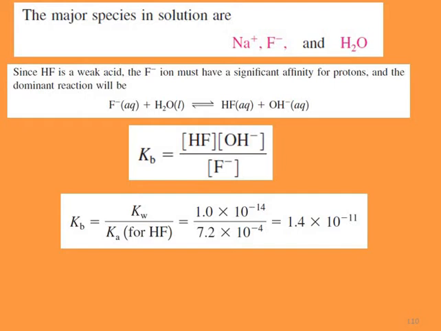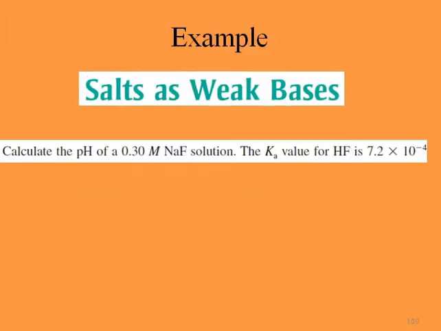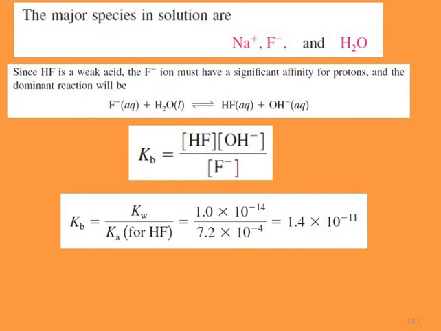We can find the value of Kb using Kw divided by Ka. Kw is always constant at 25 degrees and Ka was given. So 1 times 10 to the power of negative 14 divided by 7.2 times 10 to the power of negative 4 will be 1.4 times 10 to the power of negative 11.